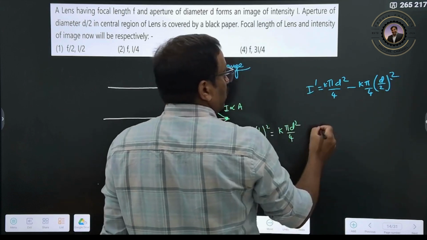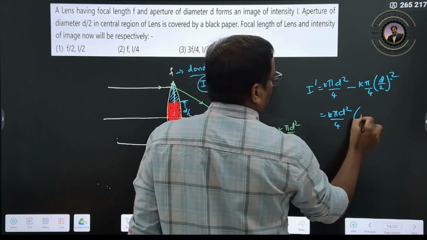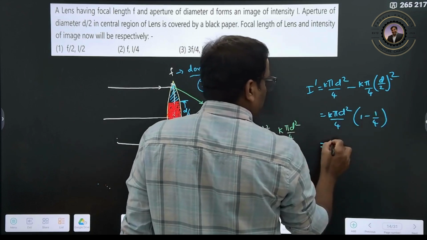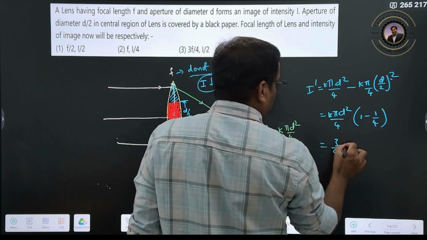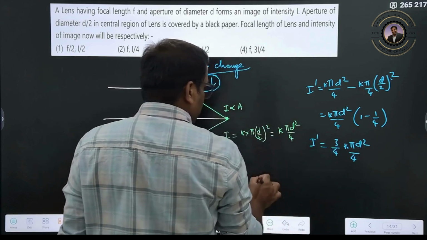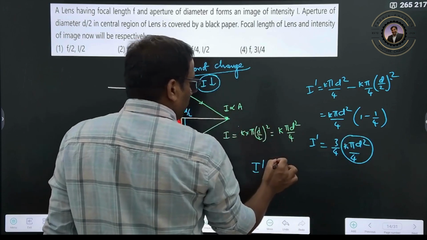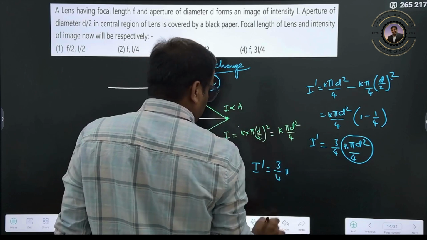So k into pi d square by 4 into 1 minus 1 by 4, which is 3 by 4 k into pi d square by 4. Therefore I dash will be equal to 3 by 4 I.